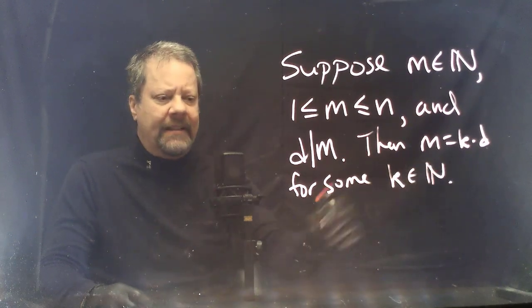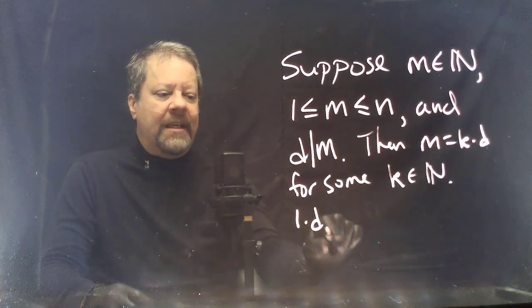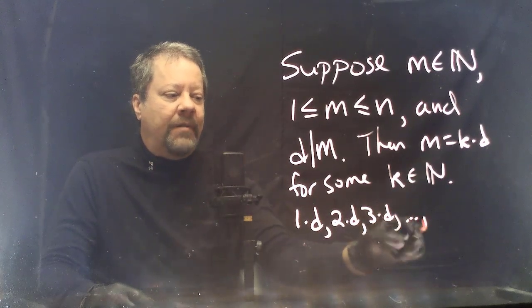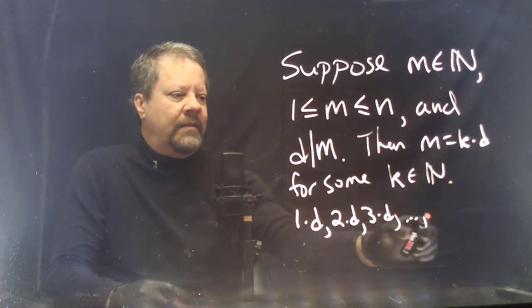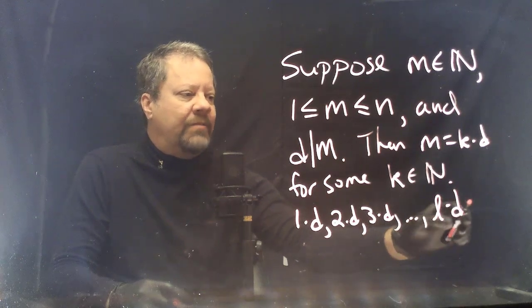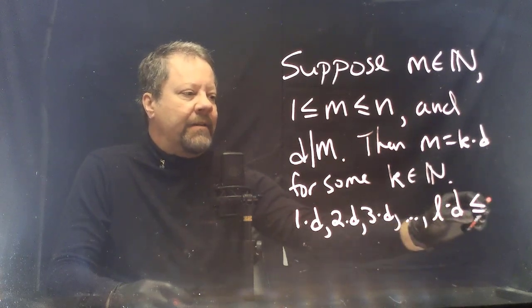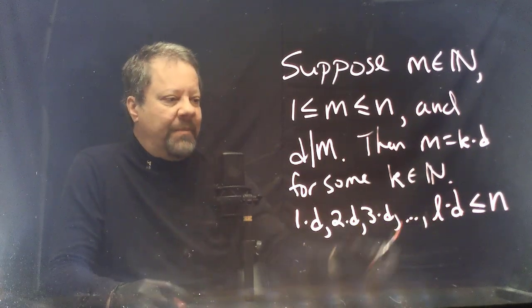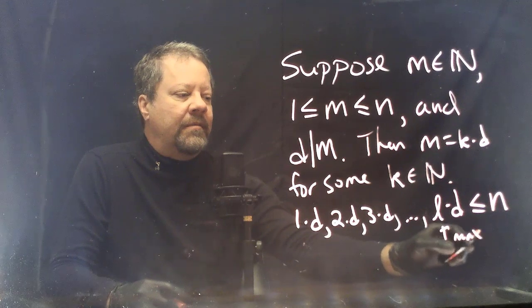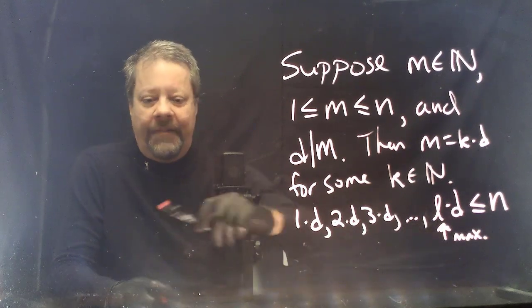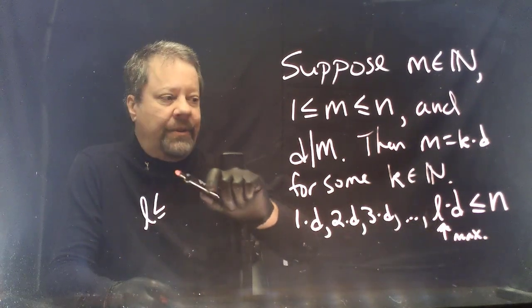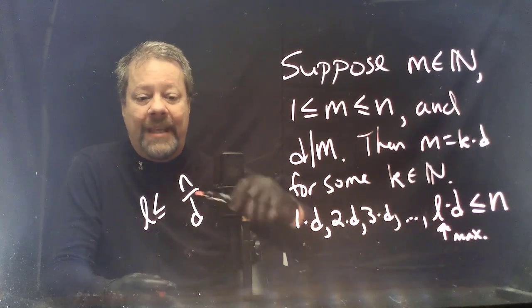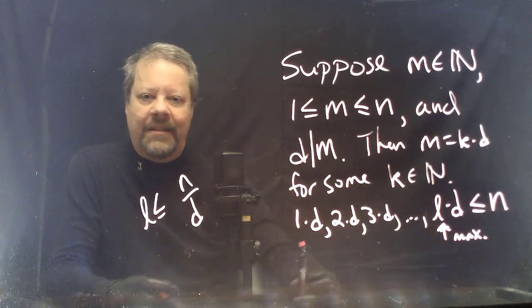So let's start making a list. 1 times d, 2 times d, 3 times d, and so on, up to some number L times d, where we want that to be less than or equal to n. We'll let L be the maximum such. If that's the case, L is less than or equal to n divided by d. The inequality holds even if n is not divisible by d.